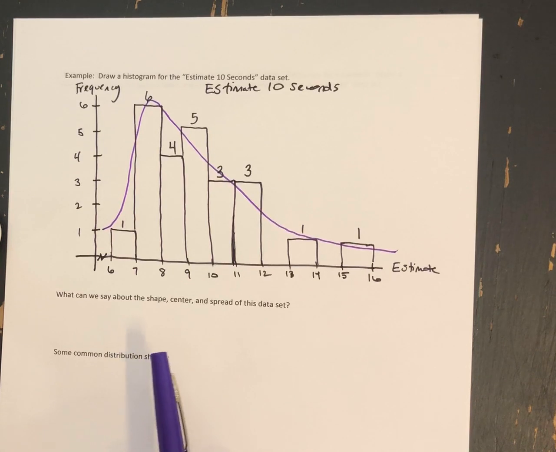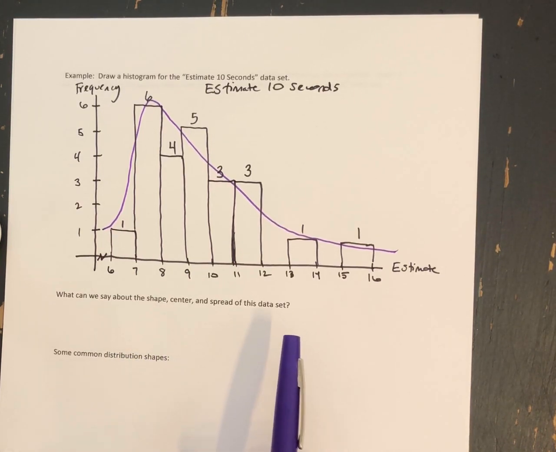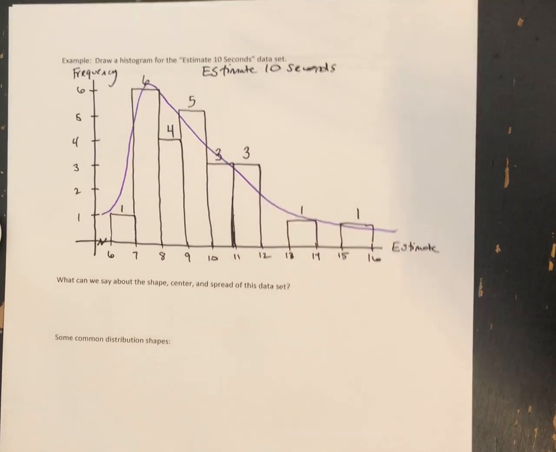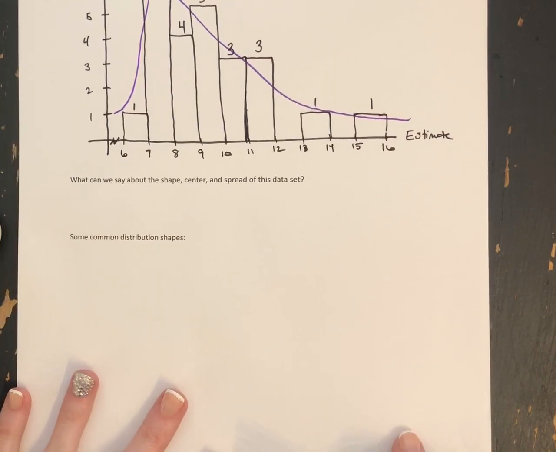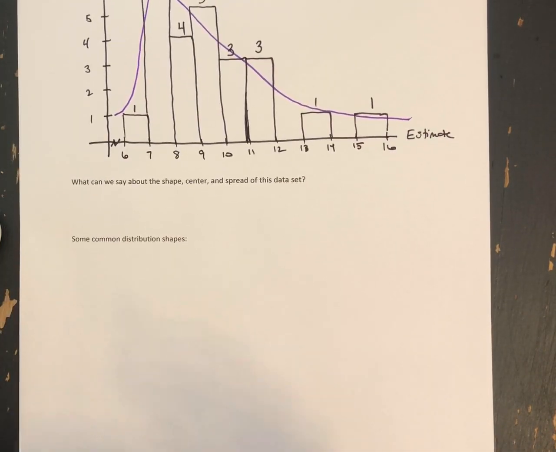And so this one says here, what can we say about the shape, center, and spread of this data set? We're going to look at that more as we move into the next chapter, but what we are going to introduce here really quickly are some common distribution shapes.